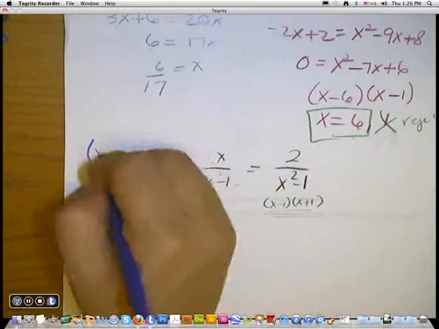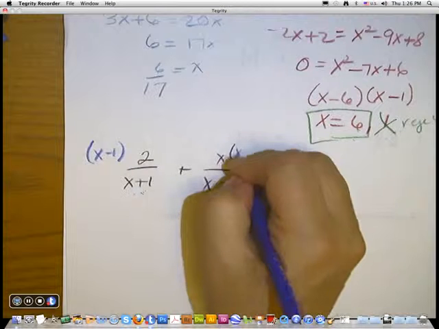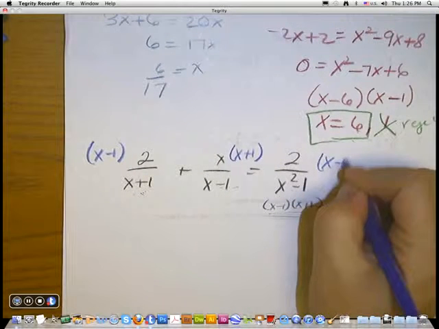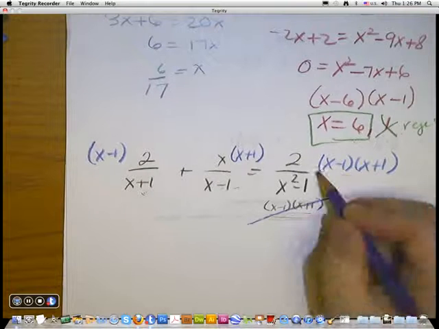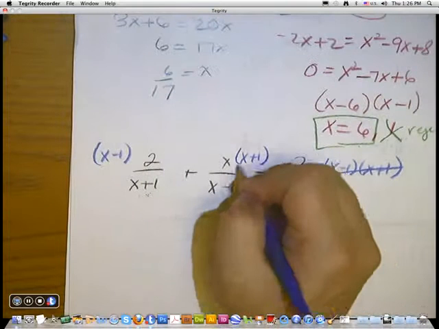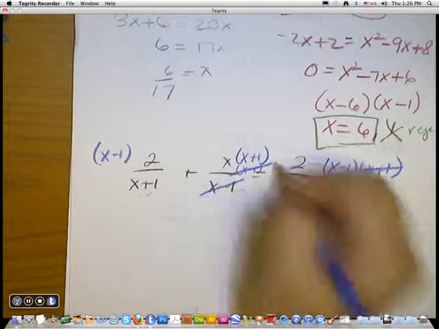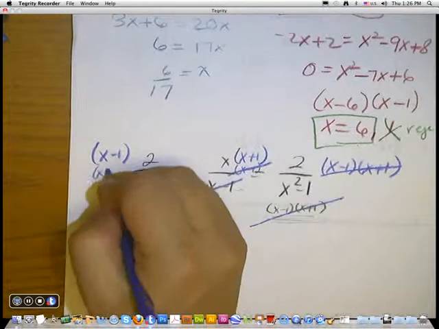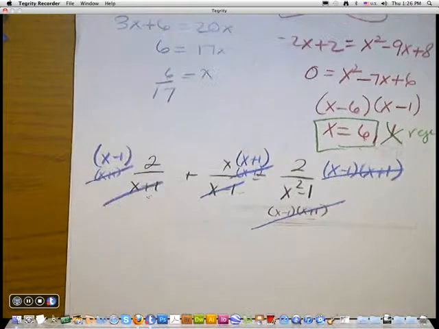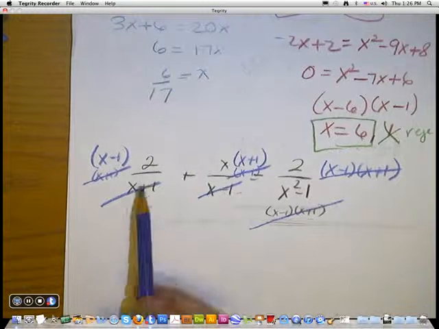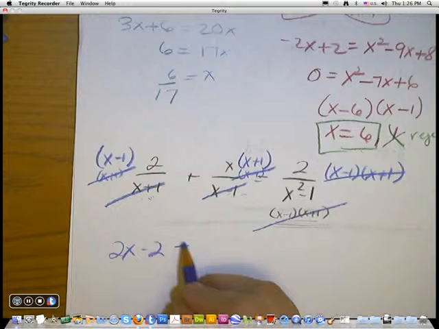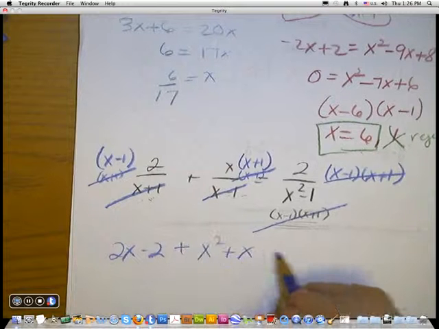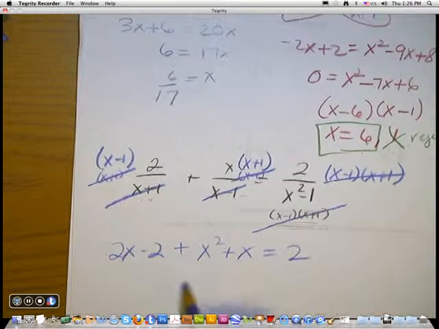Therefore, you only need to multiply by the one that's missing, because those go away. The x minus 1 that you would have had there goes away. The x plus 1 that you would have had there goes away. So the only thing that you need is the one that was missing for 2x minus 2. Don't forget to distribute. X squared plus x equals 2.